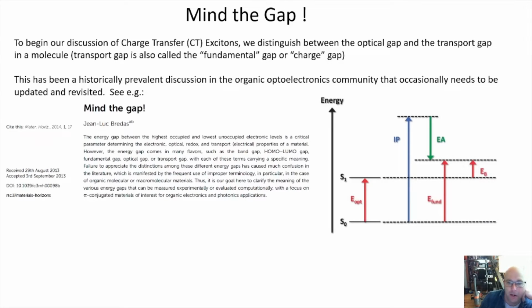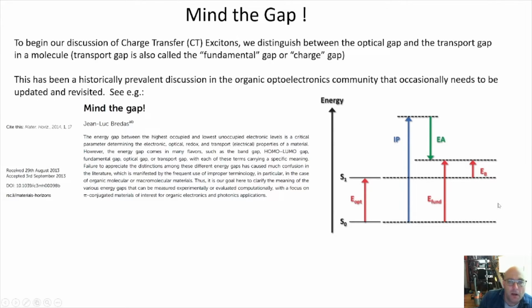In this diagram, you can see the point of the discussion where we've got the molecular exciton case shown as the S0 to S1 transition, and that transition defines the optical gap. It's the lowest energy optical excitation in the solid.